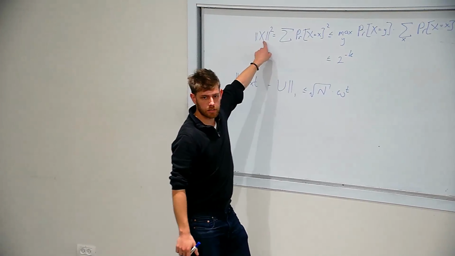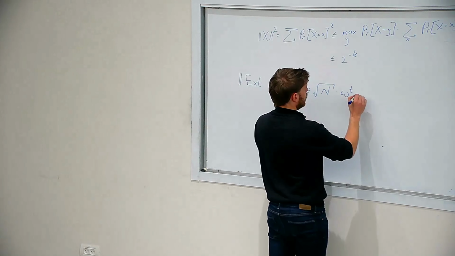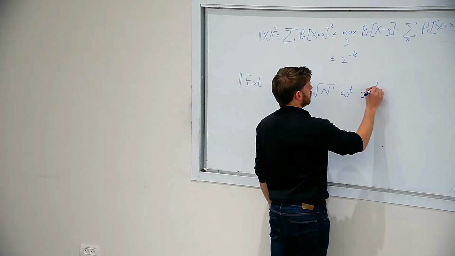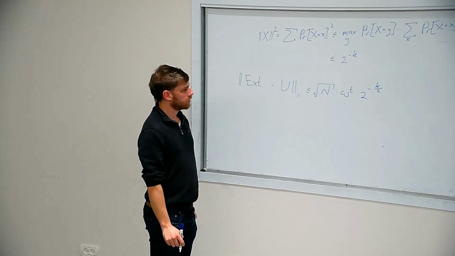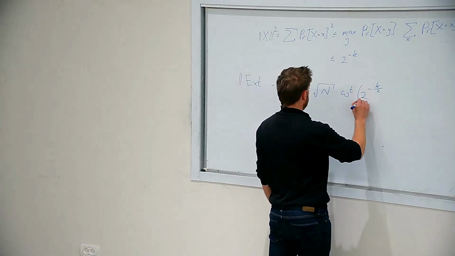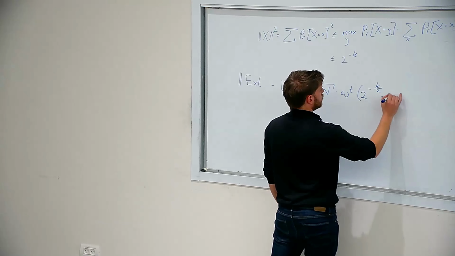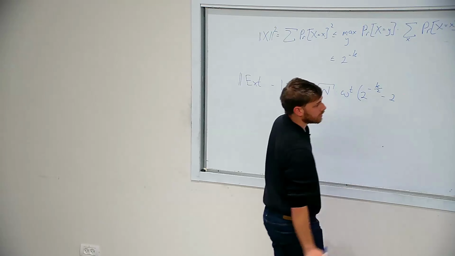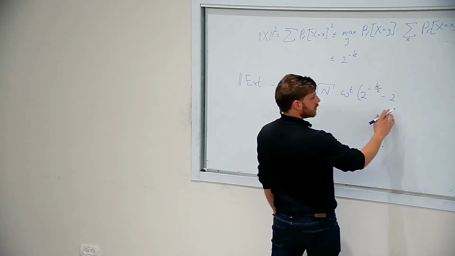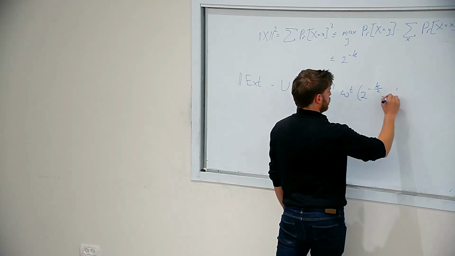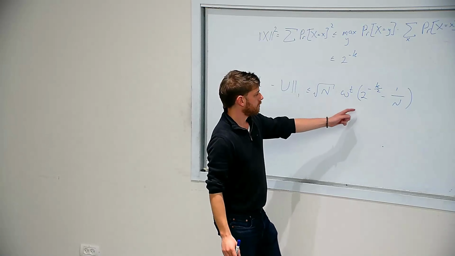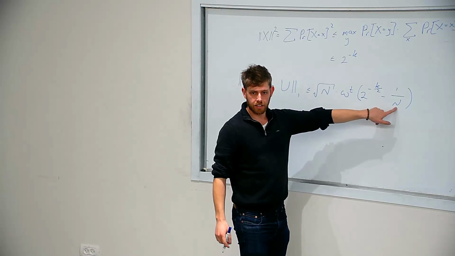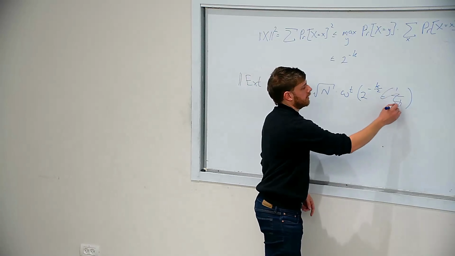This is the norm squared, so we need to take the square root: 2 to the minus k, minus 1 over n. It's 2 to the minus k and then the square root of this is very small, so let's just ignore it.